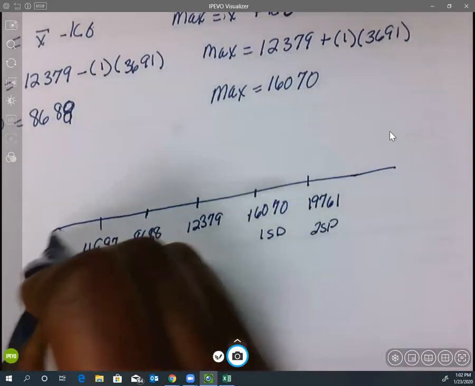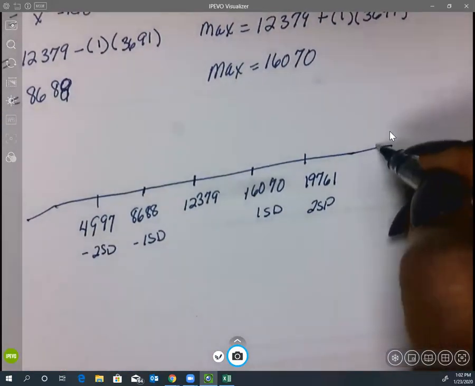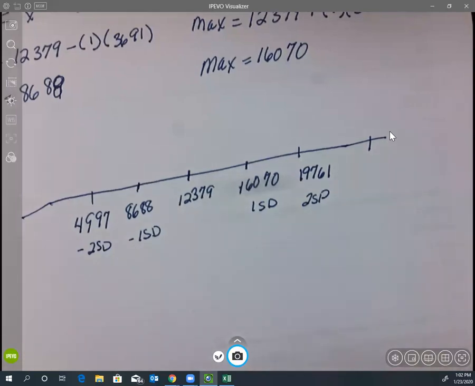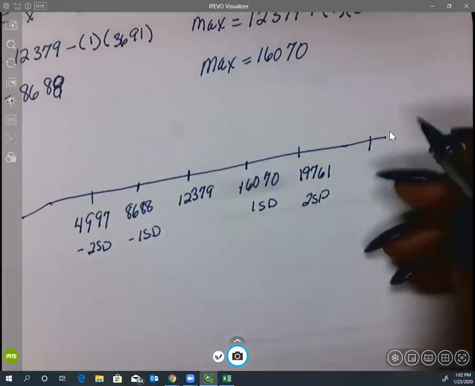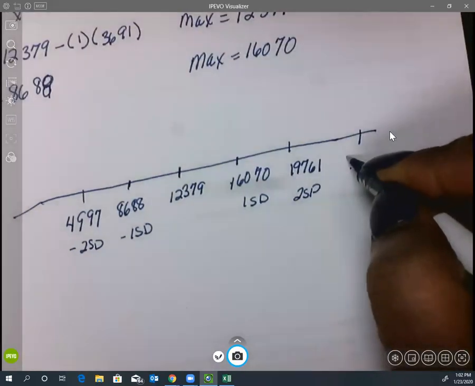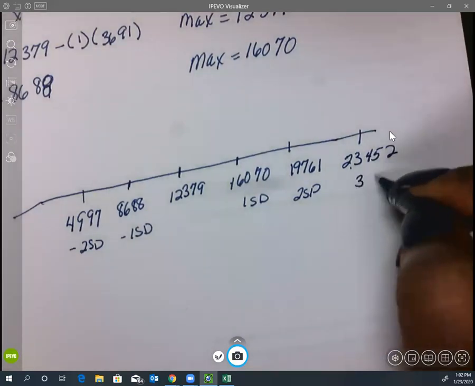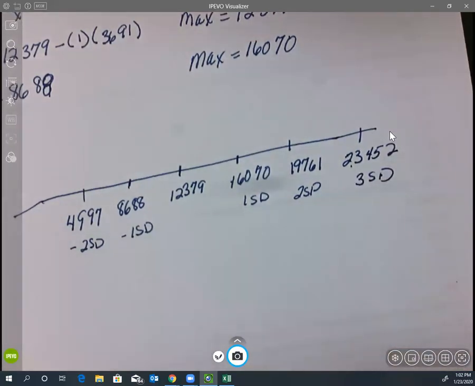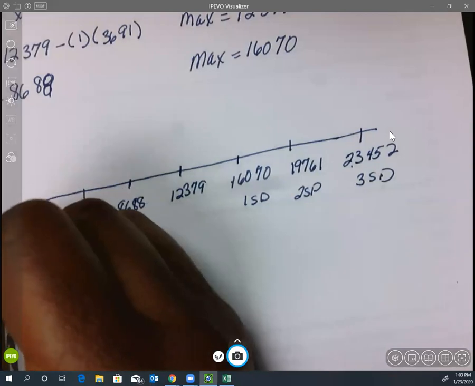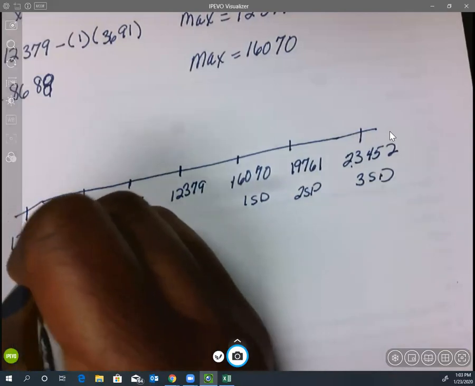And then one more, either side. I'm going to take 19,761 plus another standard deviation. That gives me 23,452. Subtract, and on this side, I get 1306.